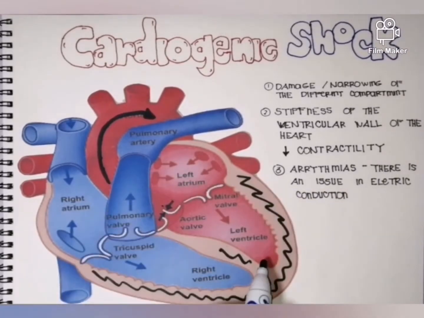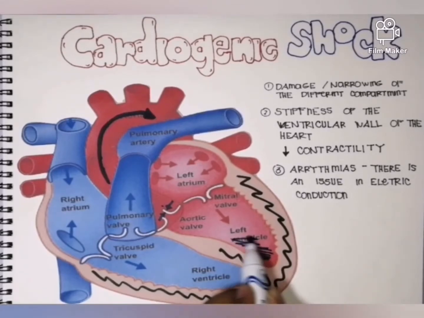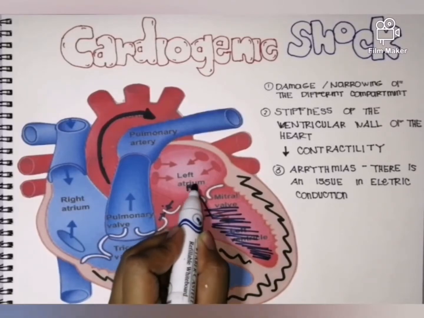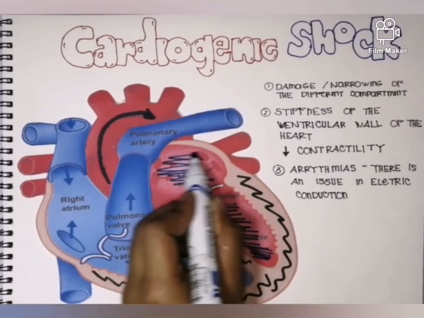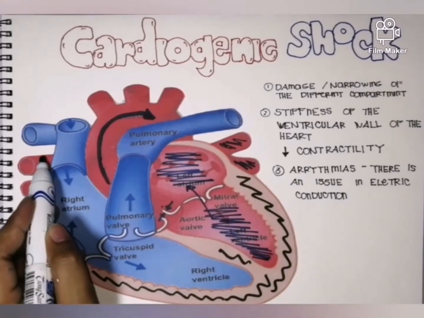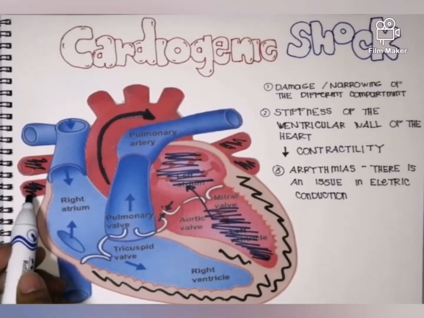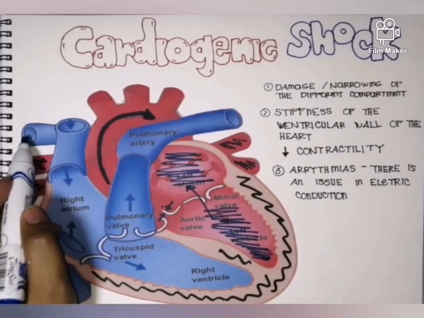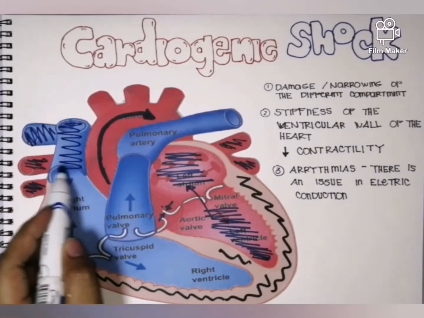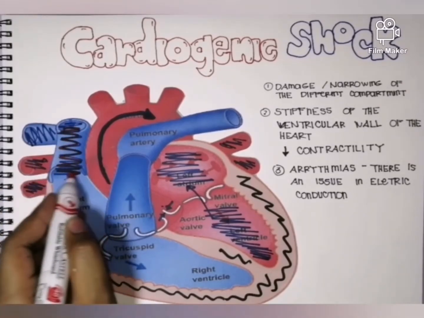If the blood cannot be pumped forward, it will back up into the left atrium, and when the heart can no longer accommodate all this fluid overload, it goes back up to the lungs, on each side of the lungs. If this gets worse and worse, it will back up into the veins and all the way to the right side of the heart.